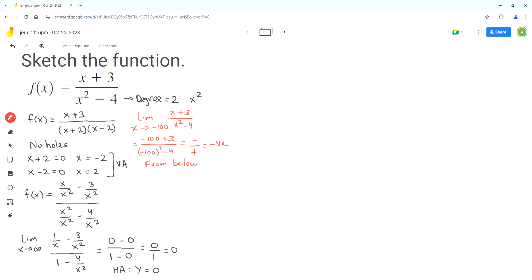Now we can do the analysis on the right side. Now we can apply the limit.